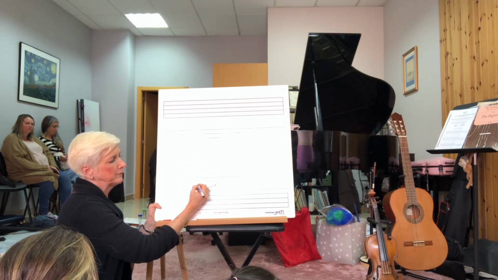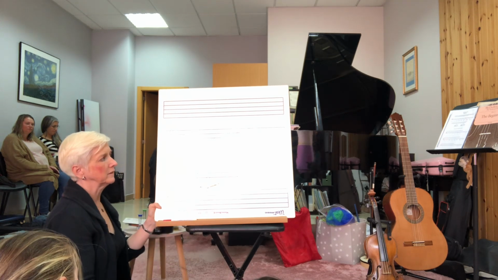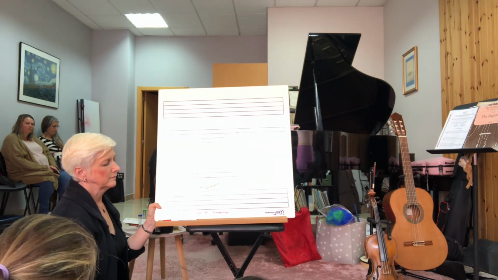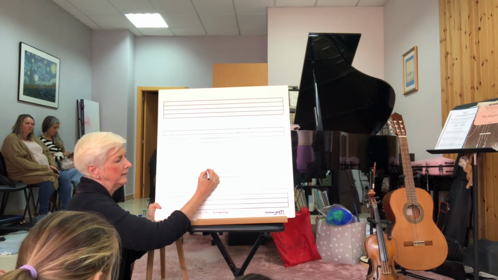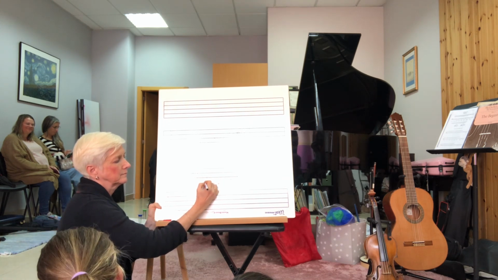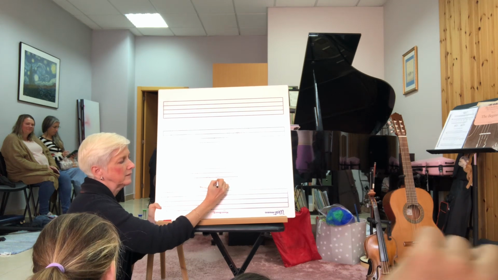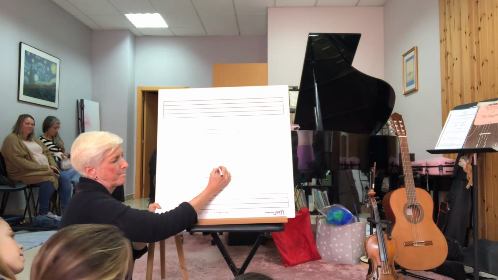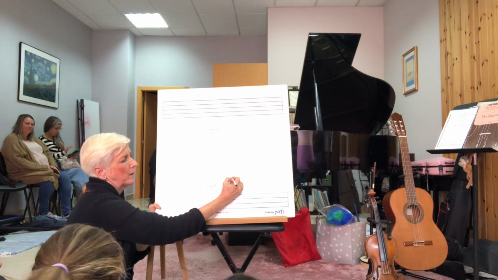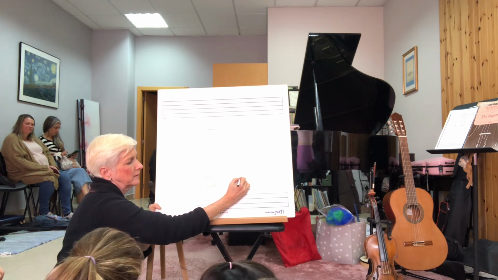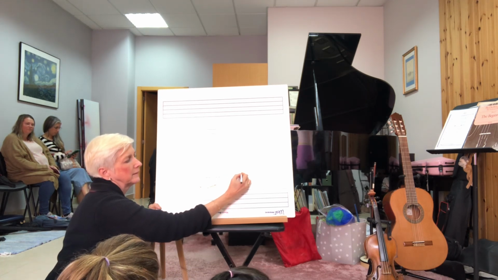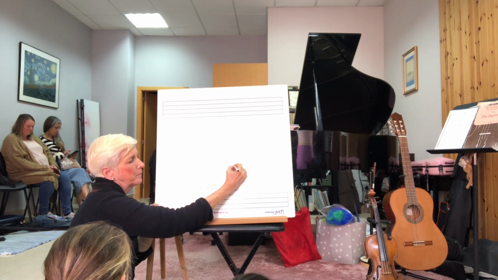If I want a perfect fourth in the key of E, everybody, A. If I want a perfect fifth in the key of E, B. If I want a major sixth in the key of E, C sharp. I gotta remember that sharp.